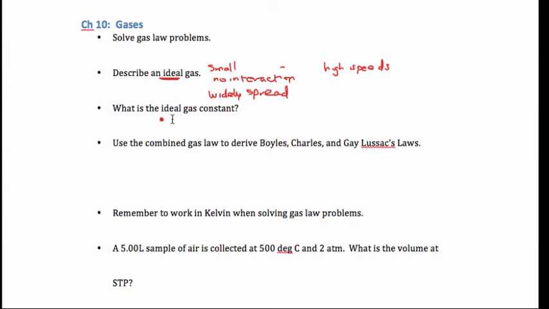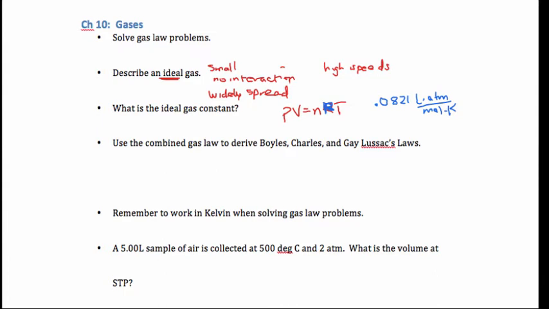What is the ideal gas constant? In PV equals nRT, the ideal gas constant is this R. It's a constant, okay? And most people remember this one for the rest of their life, 0.0821. The units are cumbersome: liters times atmosphere over moles times Kelvin. Now it's possible that you're given, instead of atmospheres, you're given torr.